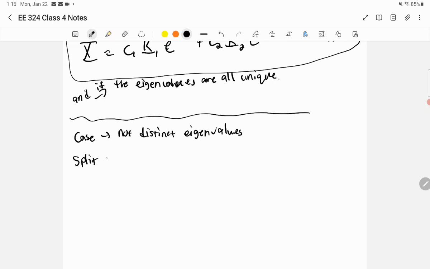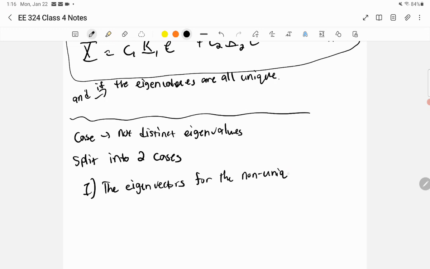If they're not distinct, then we can split into two cases. The first case is that the eigenvectors for the non-unique eigenvalues are unique. So I'm going to reiterate this.